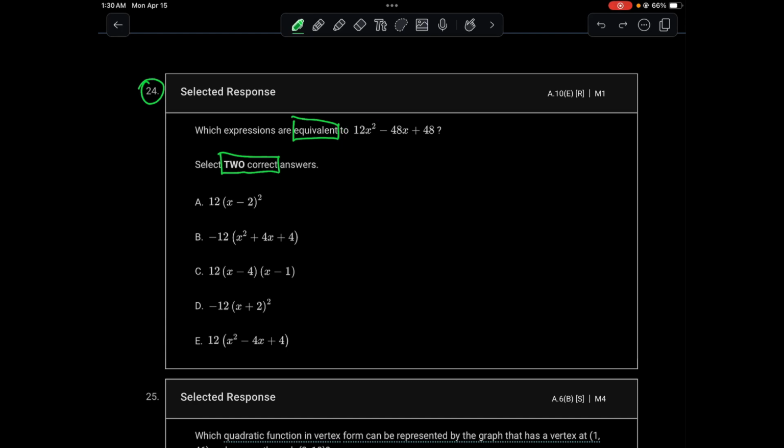Now, does this make sense? Well, yeah, because I have three quadratic forms. One is the standard form, which is this one, y equals ax squared plus bx plus c. Another one is the factor form, and the other one is the vertex form.